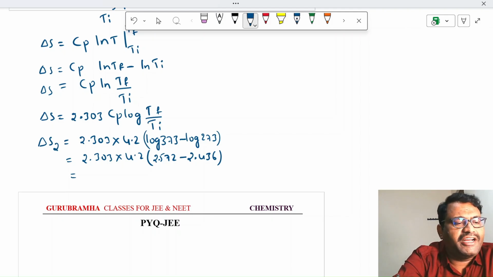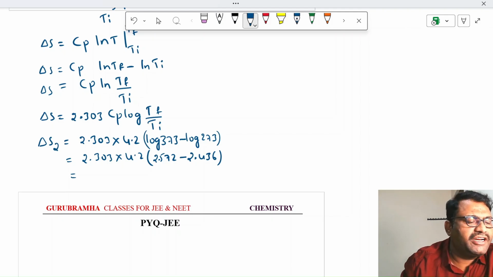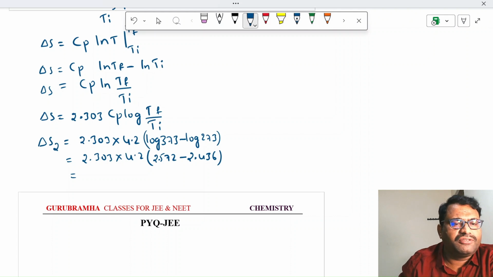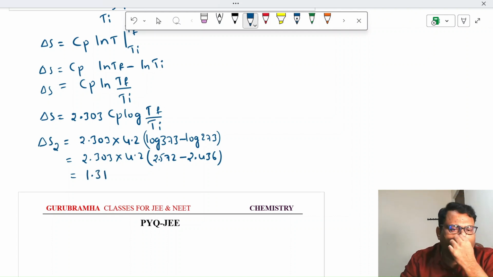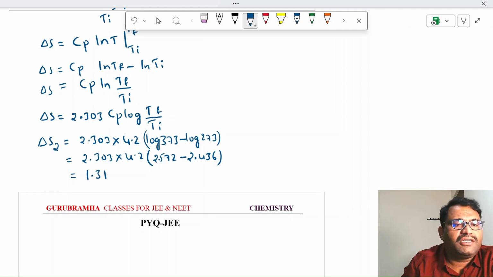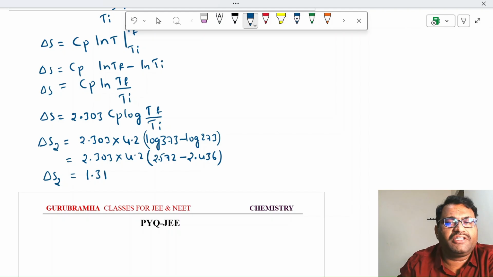As you are heating it, delta S will be a positive value, because when you are heating, the change in entropy will be positive. So delta S2, how much did you get? 1.31.